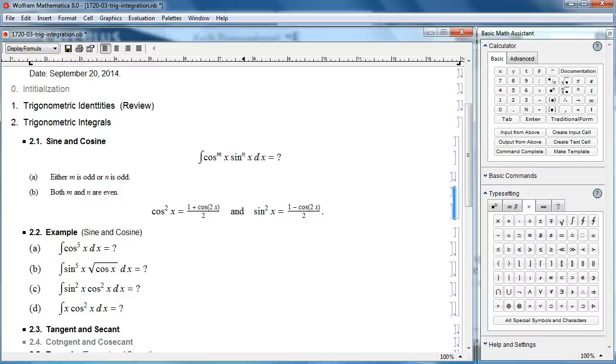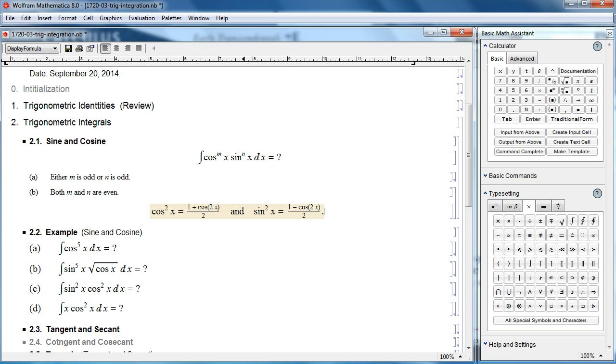But that's too much actually. So I'm going to stick to the kind of examples that you can do with the power reduction formulae. Cosine squared can be rewritten as 1 plus cosine of 2x over 2, and sine squared is 1 minus cosine of 2x over 2. So the second power just became the first power, and as a trade-off, x inside became 2x.